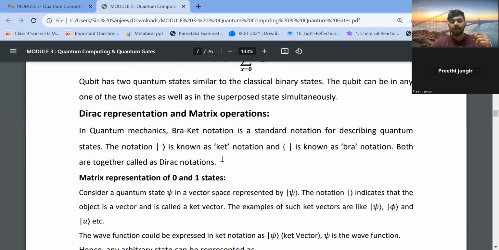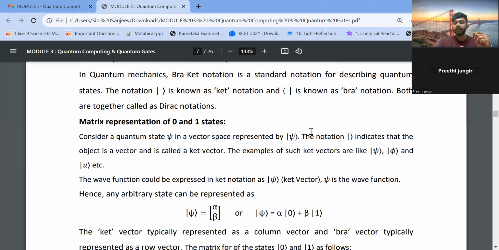Now coming to my psi, if it is represented like this, it is a ket vector. Suppose the object is a vector, it is a ket vector. If the object is a scalar, then it is a bra scalar. Ket scalars and all you don't have as of now.